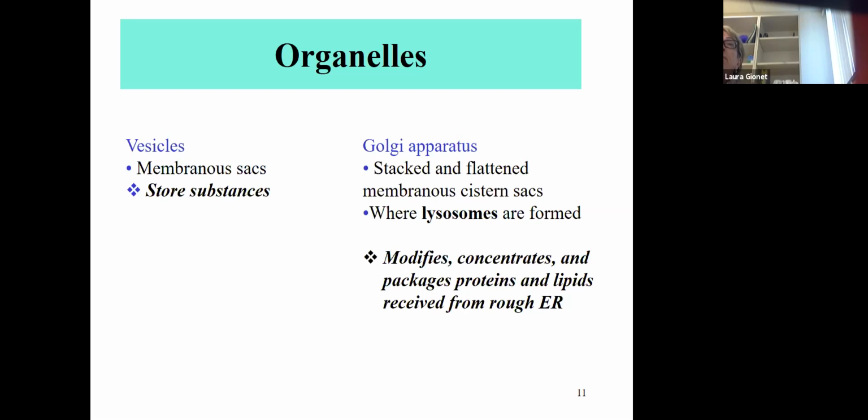Other organelles include vesicles. Vesicles are kind of like anemia. It's a general term. It's a sac that contains or stores something in the center. And when we know what kind of material is in the center, then we might call it a peroxisome or a lysosome.